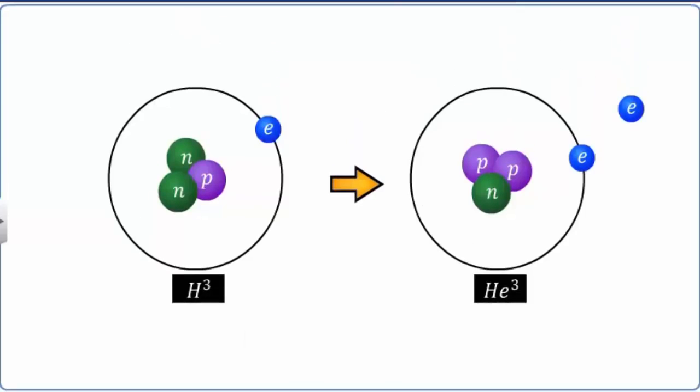In an atom, the charge on a proton is positive and is referred to as plus e, whereas the charge on an electron is negative and is referred to as minus e.